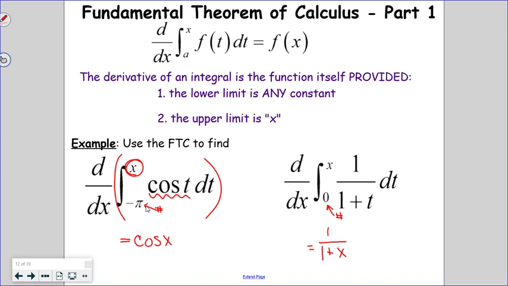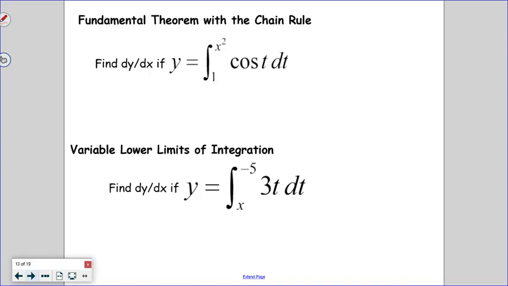Okay. So adding a few things to this concept, what if that function at the top is not just a plain x, but some sort of function of x, like we have in this one, x squared? Well, when we do this, it becomes a chain rule.